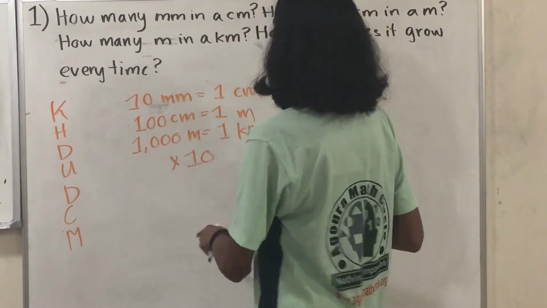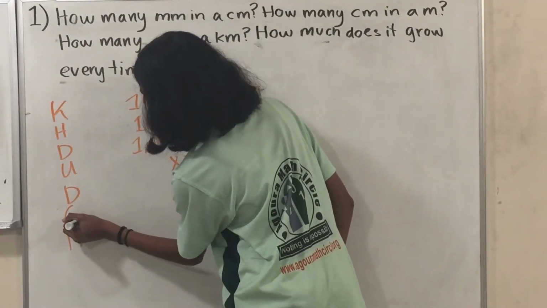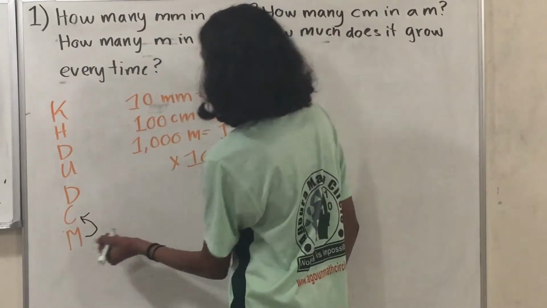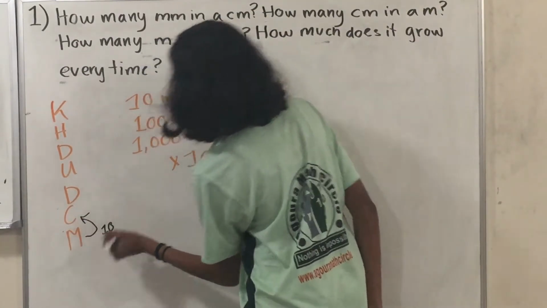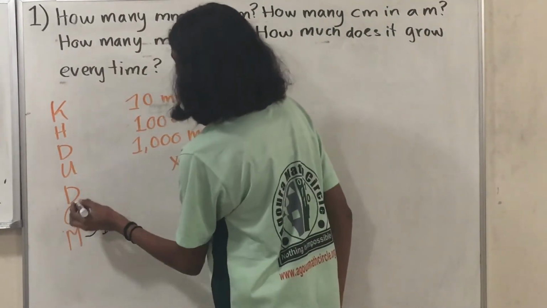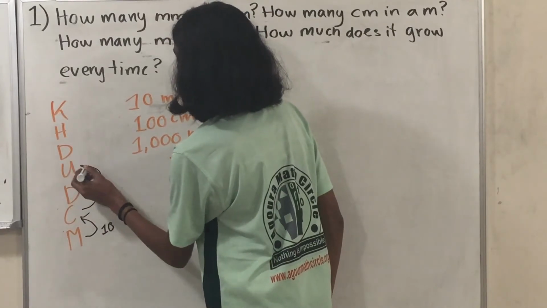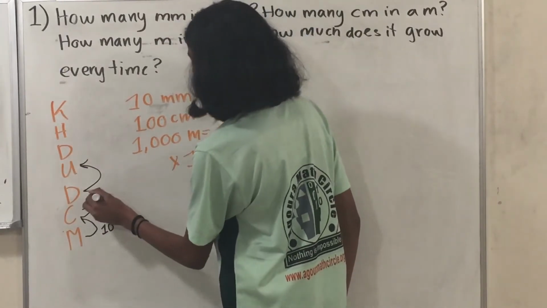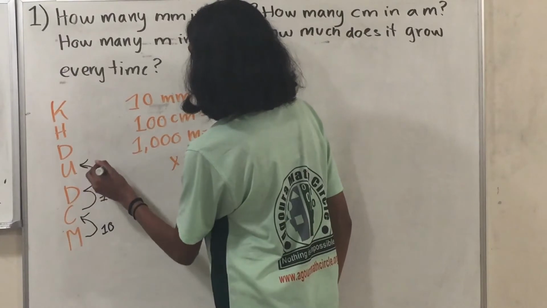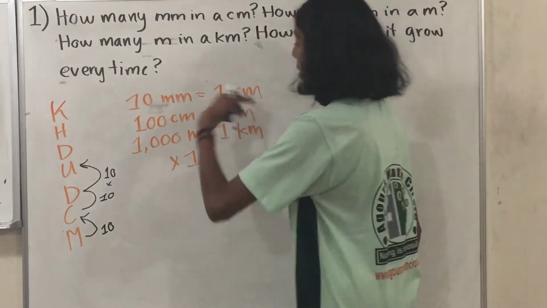For example, to find the number of millimeters in a centimeter, we go from here to here, which is 1 jump, meaning there's 10 millimeters in 1 centimeter. Now, going from centimeters to our units or meters, we make 2 jumps, which is 10 times 10, which is equal to 100 centimeters in 1 meter.